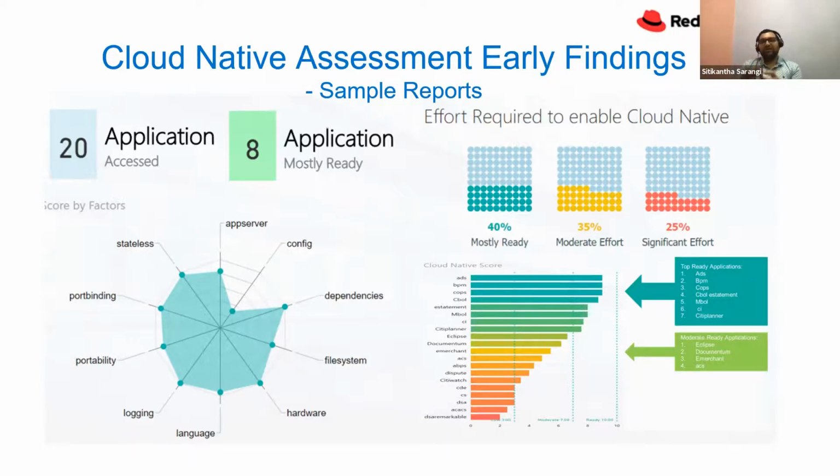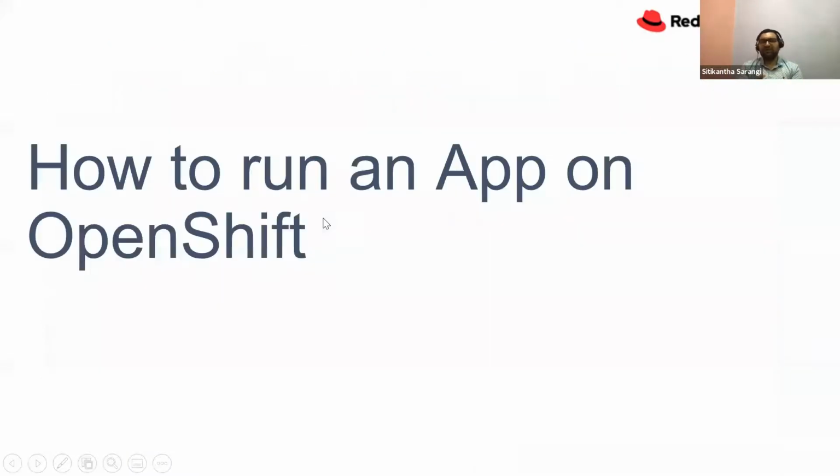Then we sit with the developers and try to understand their application functionality, and which parts can be removed in order to make the application a little bit lightweight. Those are the things we do when we are doing application assessment. So it extensively consists of interviewing the application team or the developers.